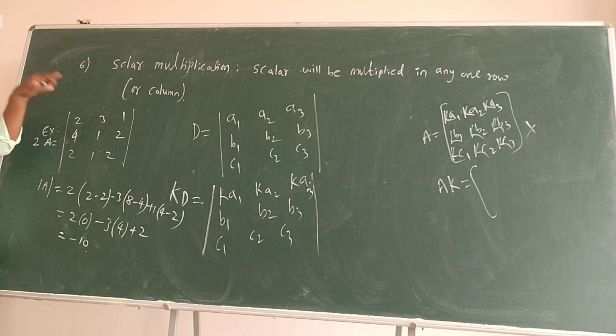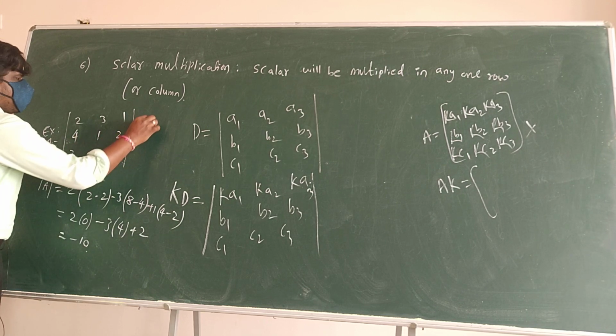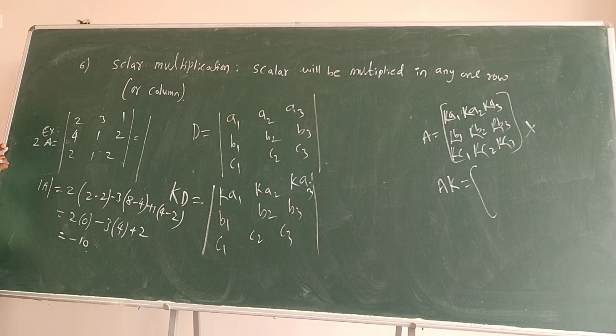If you take a matrix, multiply, and then see the determinant of that result, you will not get the same. But here, if I multiply by 2, it should be multiplied with only one row in a determinant, not in matrices.